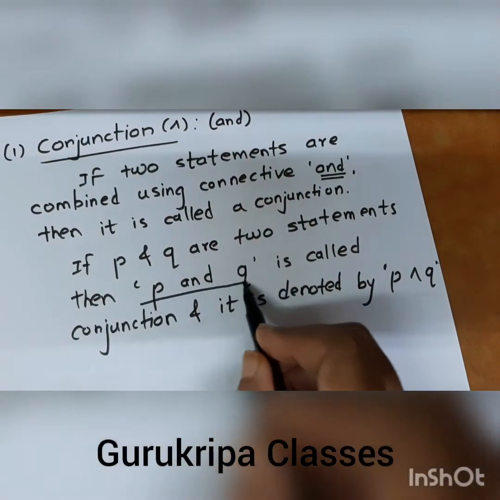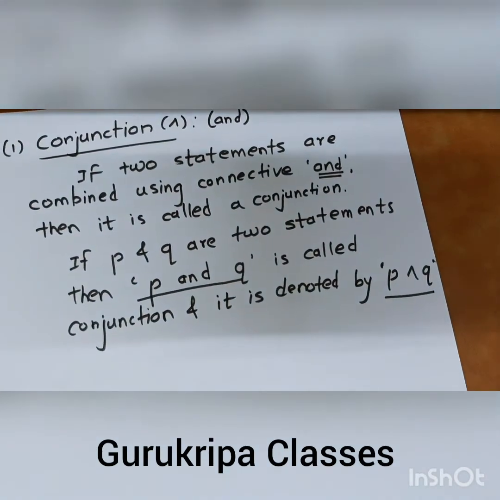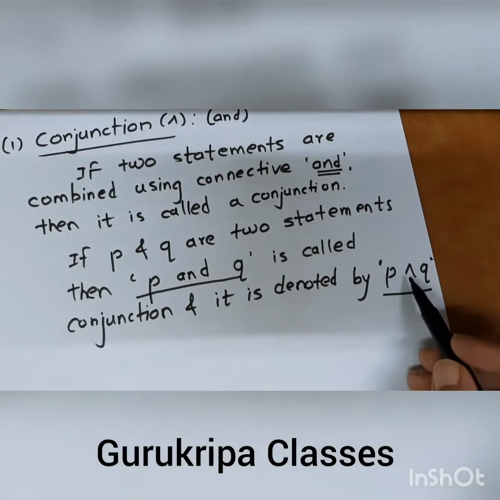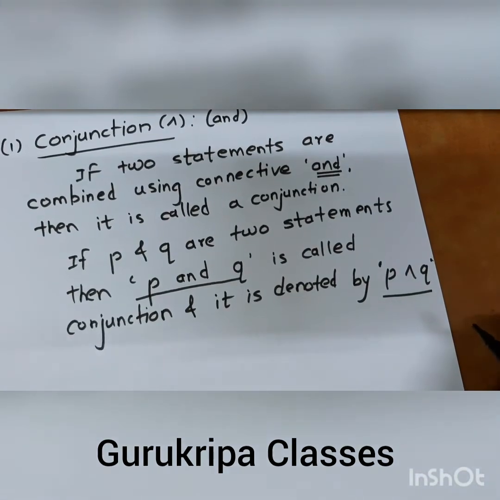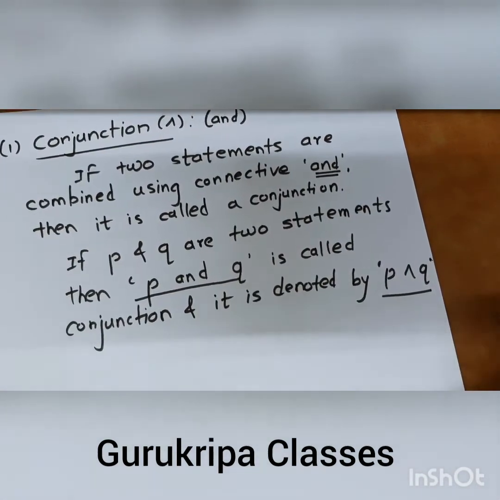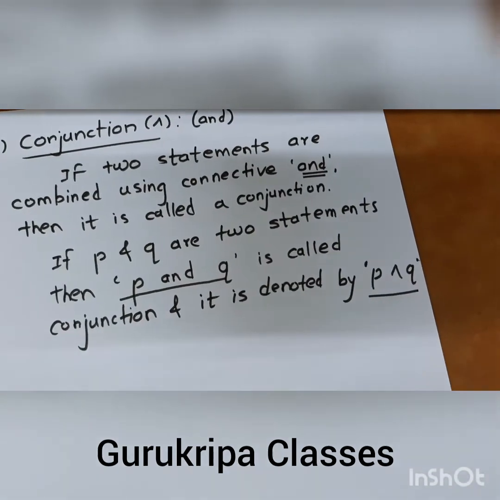So whenever there is and in between two statements, it is denoted by this conjunction symbol, P conjunction Q. Okay, and for any of the connectives we have truth tables.